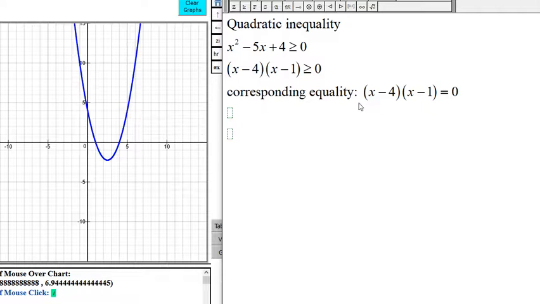And this is the graph of the function x minus 4 times x minus 1. If we go to the graphing calculator and input the function, then we get this graph. If we look at the graph from the left side to 1, the graph is above the x-axis.